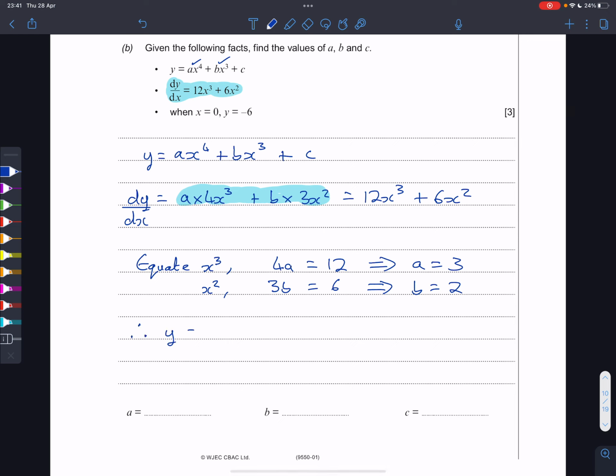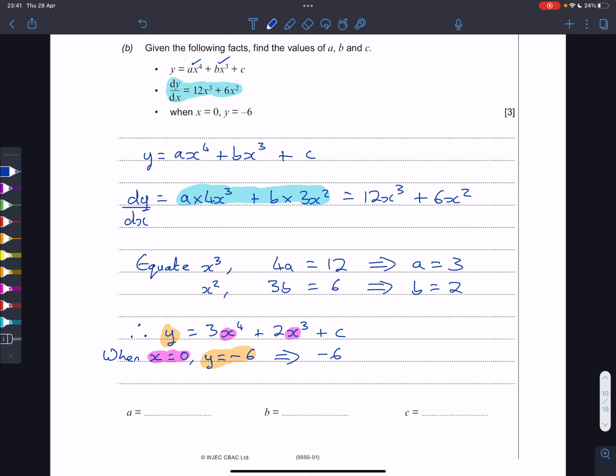So this is now going to be y equals 3x to the 4 plus b is going to be plus 2x cubed plus c. And I know that when x is 0, then my y is going to be negative 6. So if I put those in, so my x is 0, I can make that substitution in those. My y is going to be negative 6, so that substitution can go in as well.